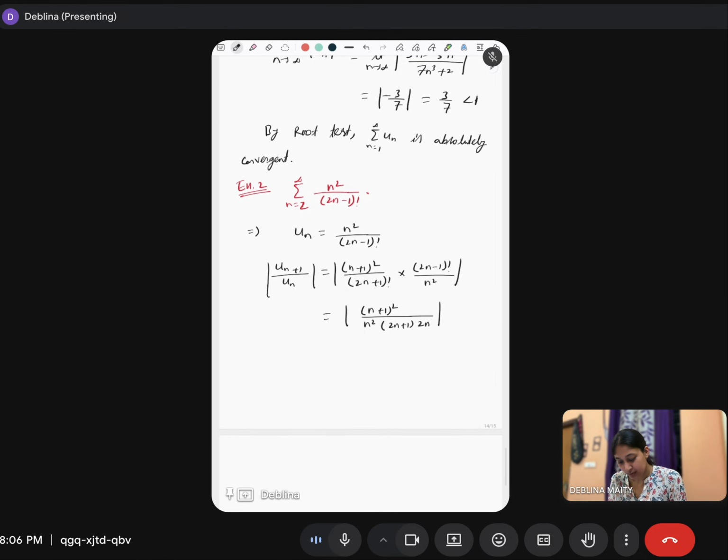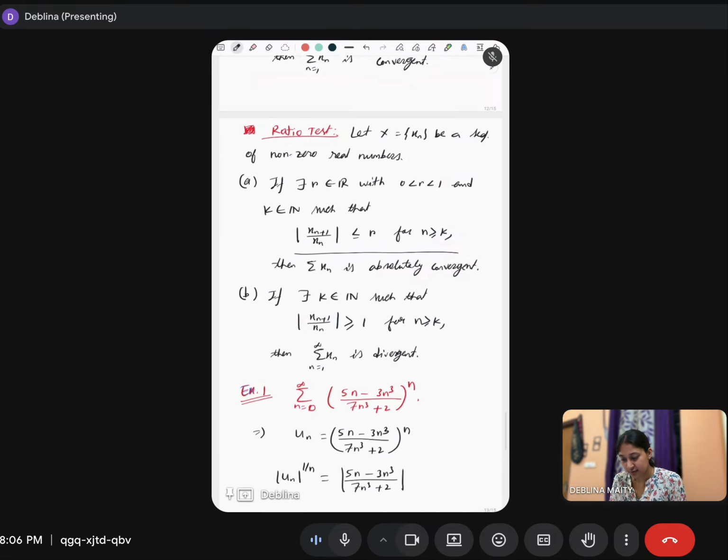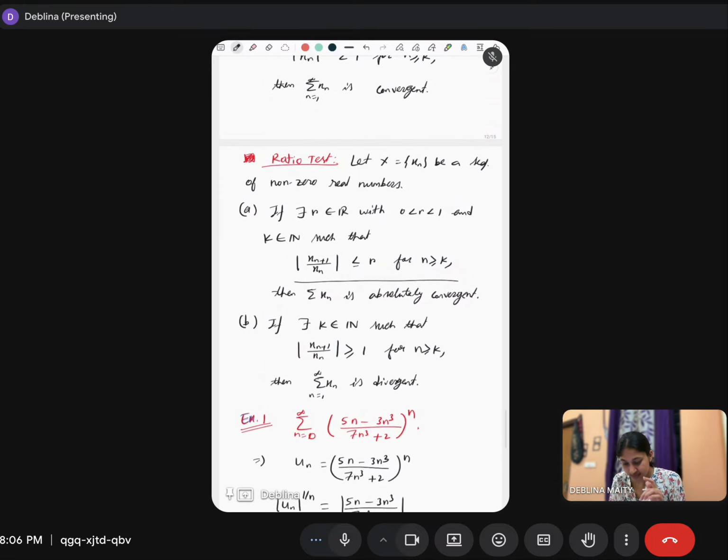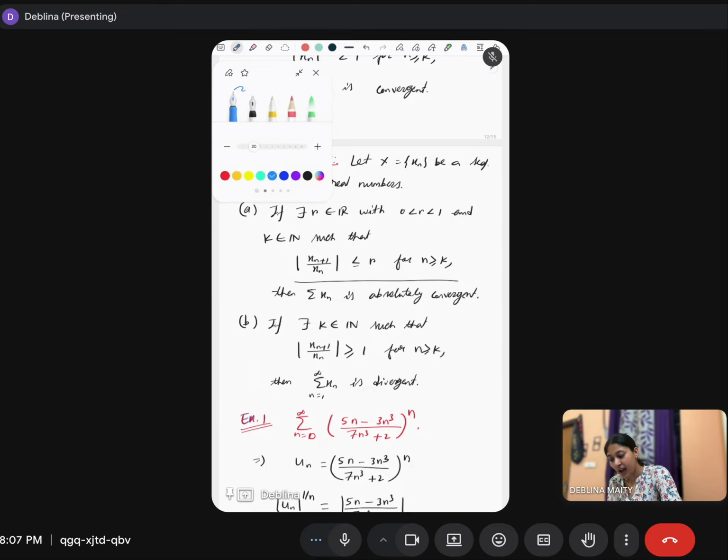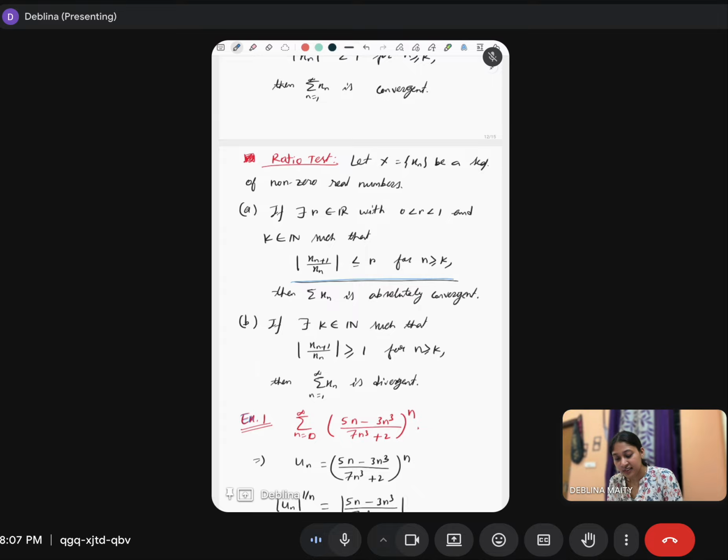So this will go to 0 as n goes to infinity, right? So this means, from the ratio test, since this goes to 0, there exists some k after which all these terms are going to be close to 0, which is strictly less than 1.